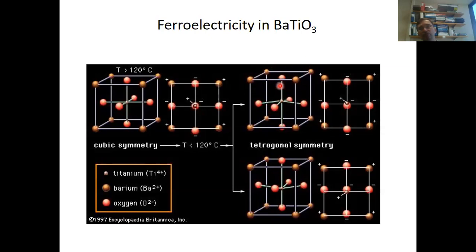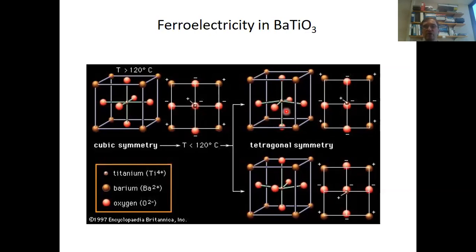of our cube. Now, because of that, this unit cell, which is now tetragonal because of the displacement of the titanium, is polarized. It has a dipole moment. The positive charge is slightly moved to this end of the unit cell rather than to this end. Therefore, this unit cell has a dipole moment, which would point in this direction, from up, downward. All right. So now the dipole moments within each unit cell feel each other.